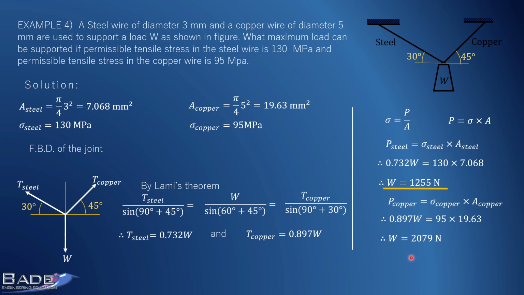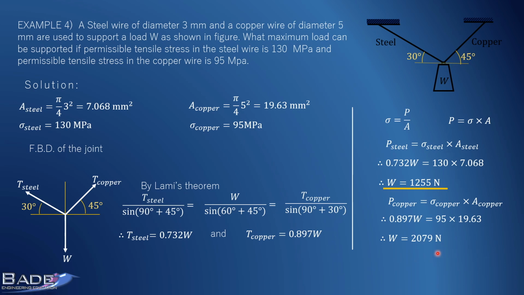So safe load is smaller of the two values. So don't get carried away by this word maximum. Maximum doesn't mean larger of the two values. Remember, it's common sense. When using different conditions, we find out different load values in particular system.